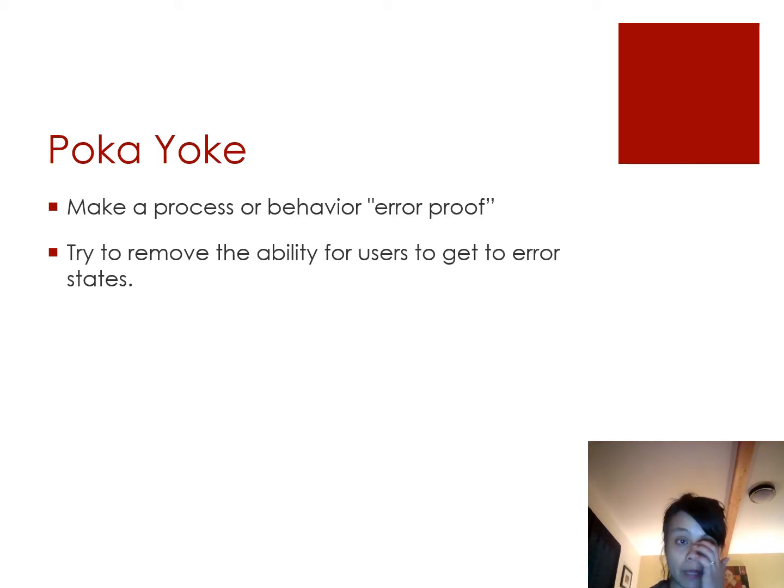Next principle is the Popup, which is to make a process or behavior error-proof. So remove the ability for users to get to an error state. An example of an error state is if you're hiking the Grand Canyon and you might fall off the edge of a cliff, right? The Popup will be the fence or the rail guard that guards you from falling over the edge.